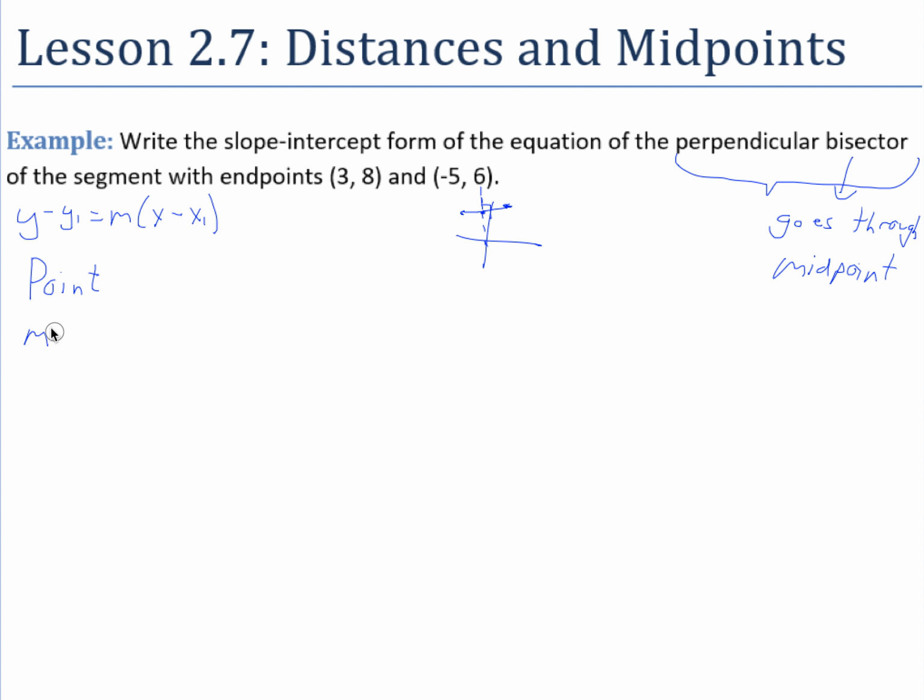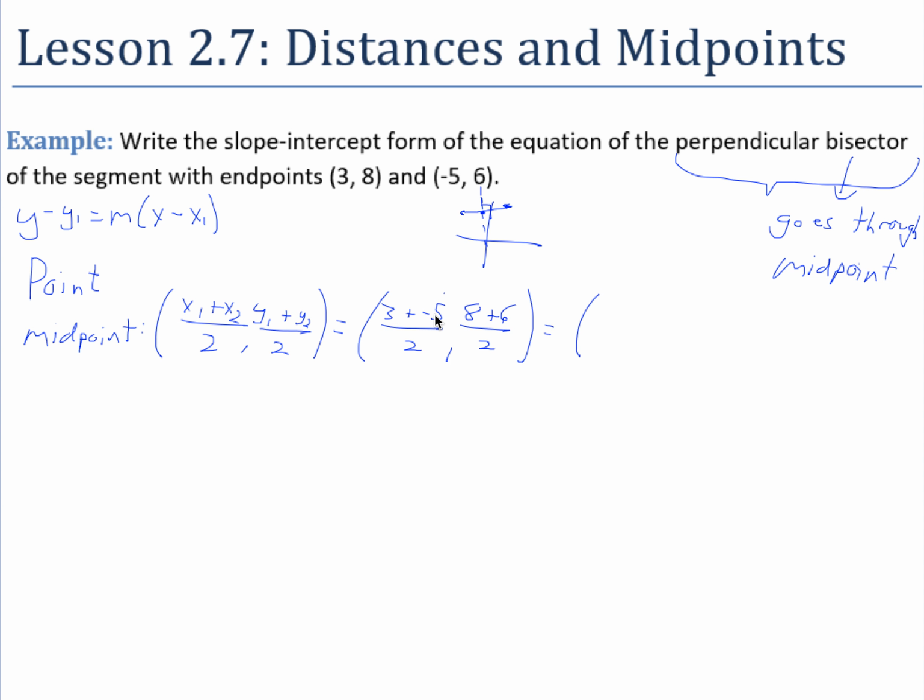So to find the point, the x sub 1, y sub 1, we're going to do the midpoint. The midpoint of the segment we're referring to is the average of the x's, so add the x values together, x sub 1 plus x sub 2, divide by 2, and the average of the y values. And so we can just put in our values, and we will get 3 plus negative 5 over 2, and then the average of the y values, 8 plus 6 over 2, which is pretty easy, both of these.